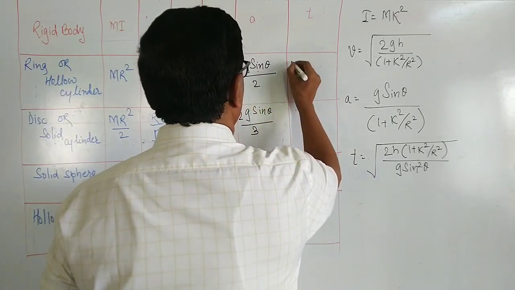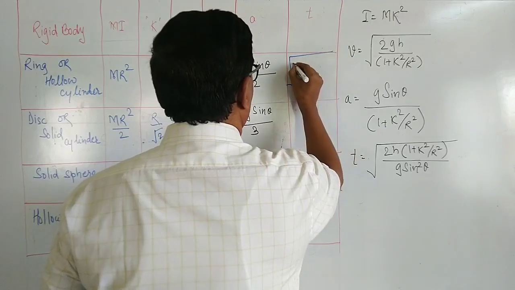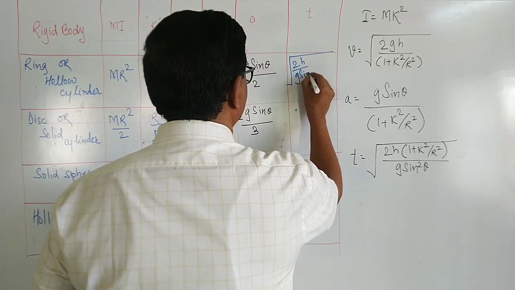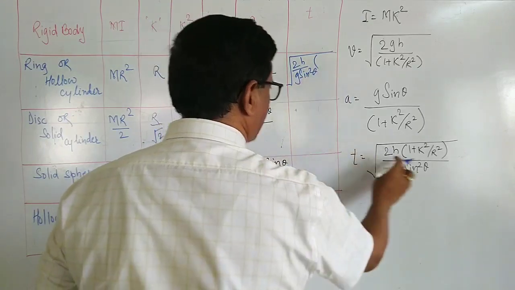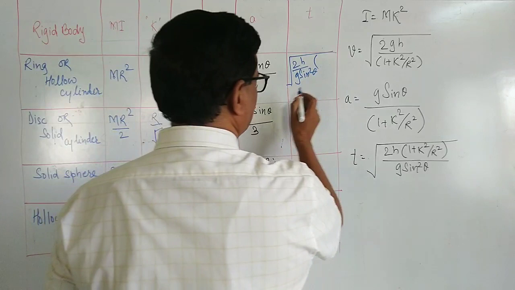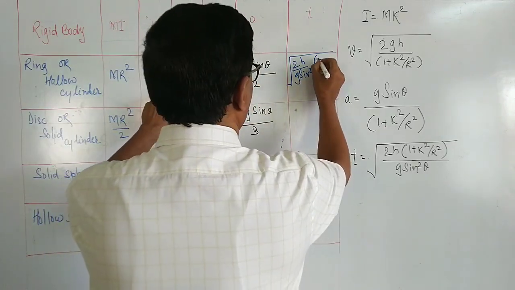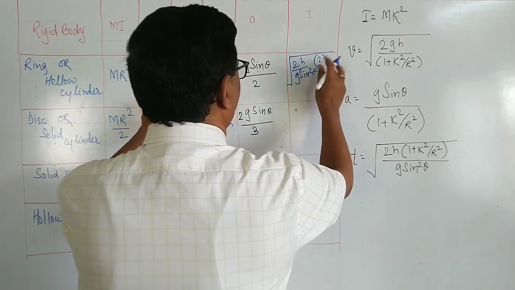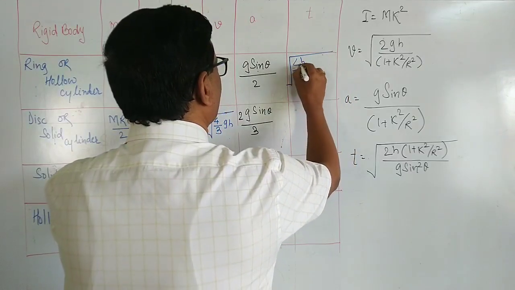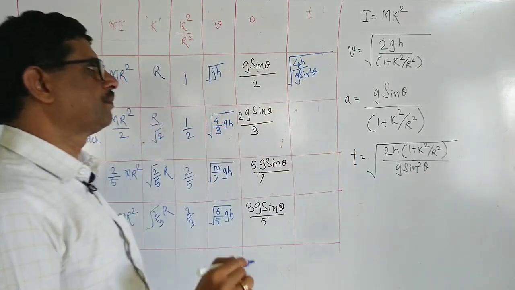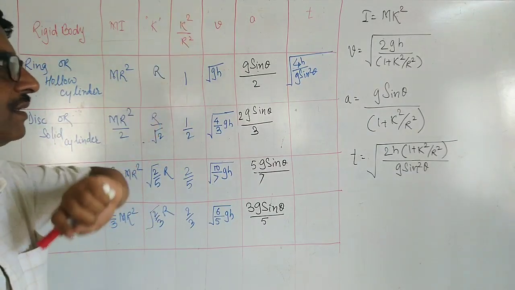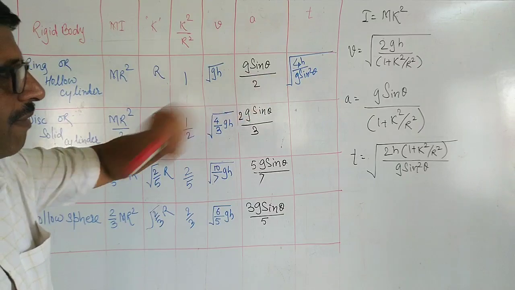It is under root of 2h divided by g sine square theta into the bracket 1 plus k square by r square. 1 plus k square by r square is 1 plus 1, 2. Therefore, it becomes 2 into 2, which is 4h divided by g sine square theta, under root of that. That will be the time required.